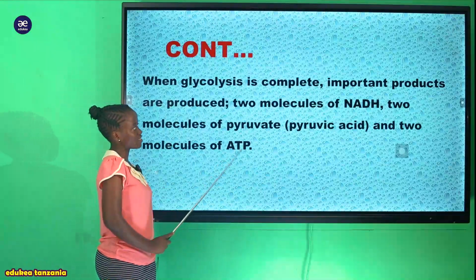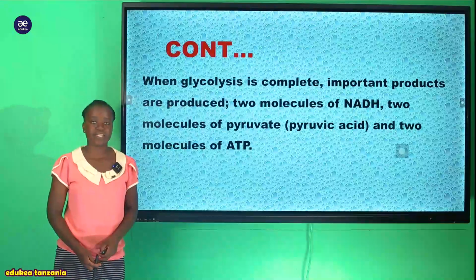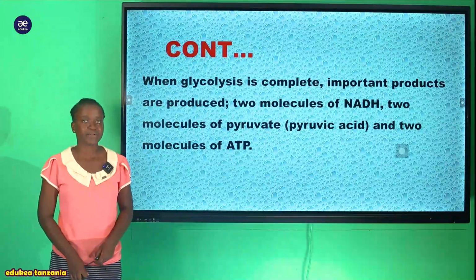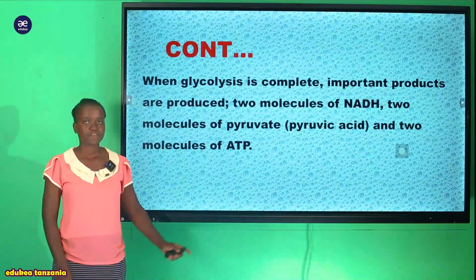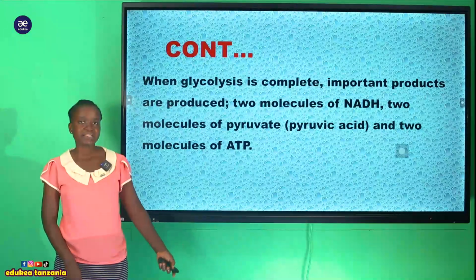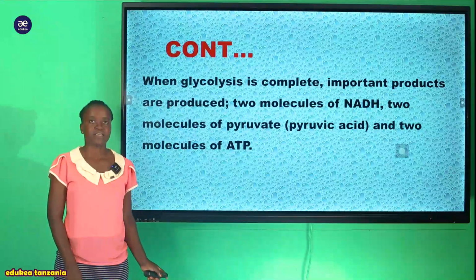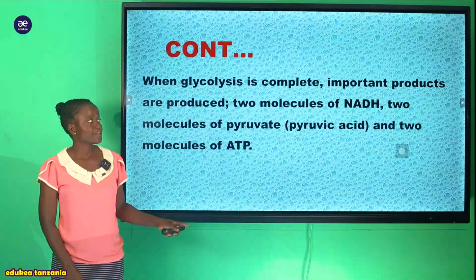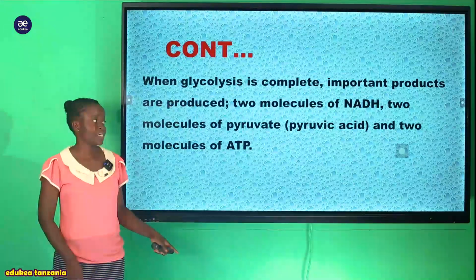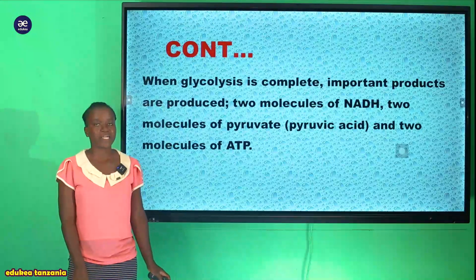So this one is just our result of the completion of the first stage of aerobic respiration, which is glycolysis. If you are asked in your exam, maybe to mention the result or the effects of glycolysis, we have seen that we have got 2 molecules of NADH, 2 molecules of ATP, and 2 molecules of pyruvic acid or pyruvate.